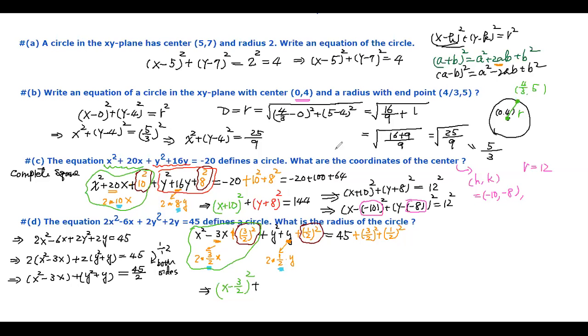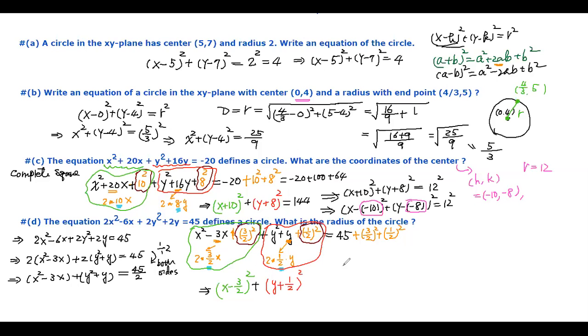Then plus, I can do the same way for the y part. So this will be 2ab, so it's y plus 1/2 here, right? Very good. And I'm sorry, I forgot the square here.